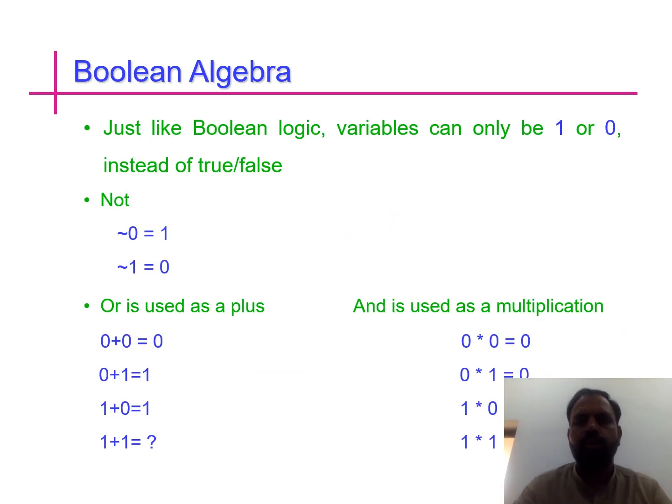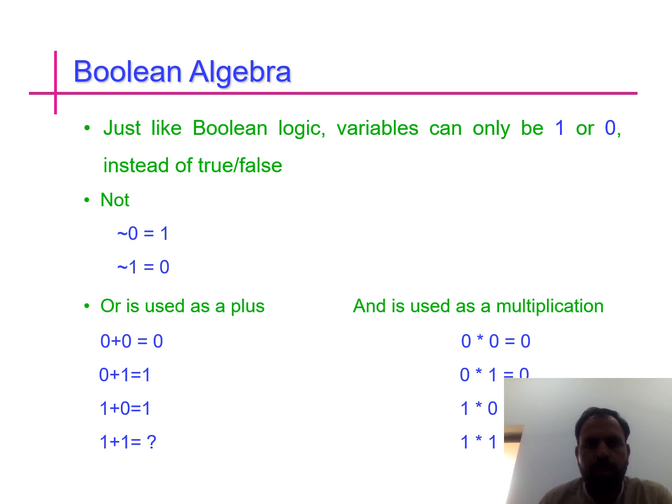Now we will discuss Boolean algebra, which is very important in discrete mathematics. Just like Boolean logic, variables can only be 1 or 0 instead of true or false. Negation of 0 is equal to 1, negation of 1 is equal to 0.